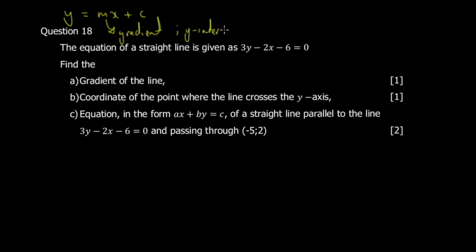Y-intercept means where the graph crosses the y-axis. So obviously x should be 0, and then the y-coordinate should be c. This is only valid when the coefficient of y here is 1. So we actually need to manipulate this such that the coefficient of y is 1.